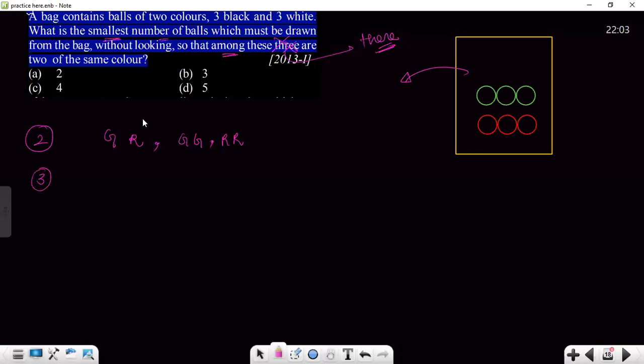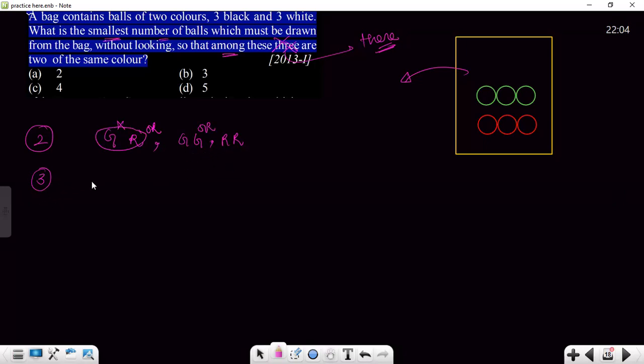But here there is no sure scenario. So we are not sure about this event.